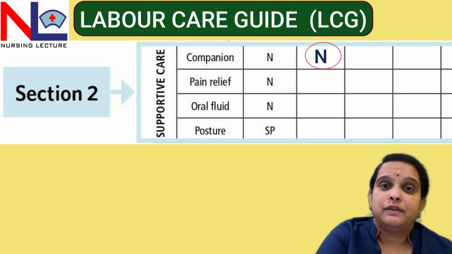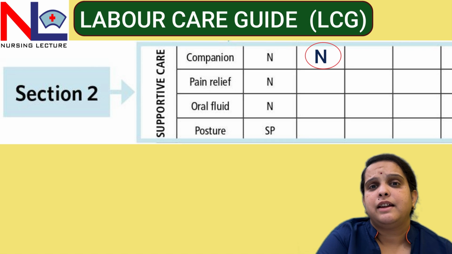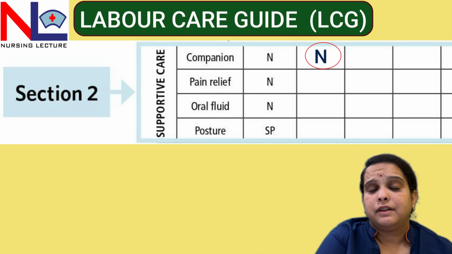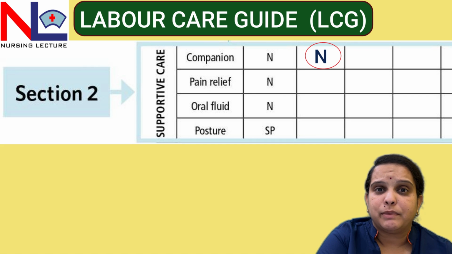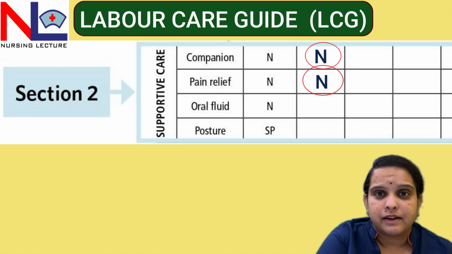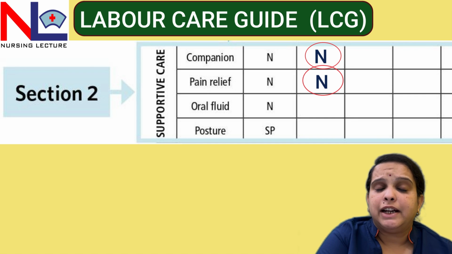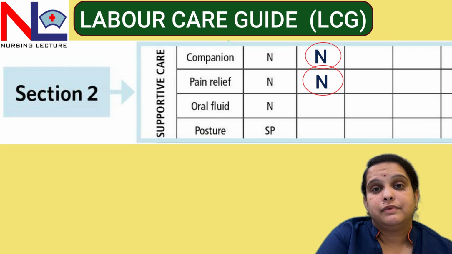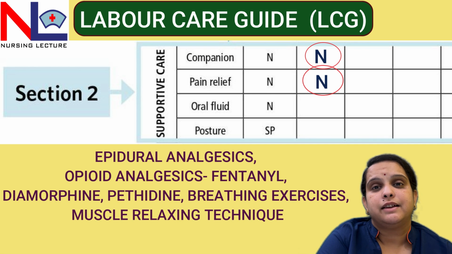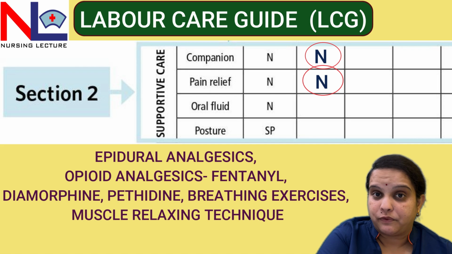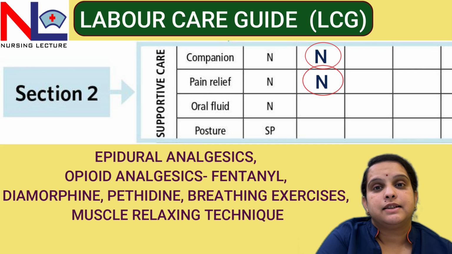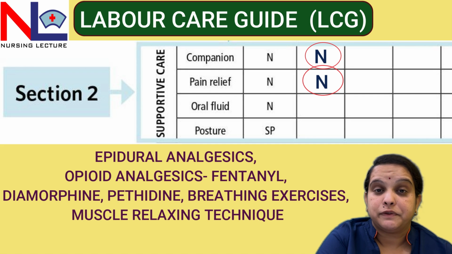And the next is pain relief, and again in this also we can have abbreviations Y, N and D, yes, no and denying. If she is not receiving at present any pain relieving method, then we can write N and make it circle, and even later on we can provide her pain relieving method like any analgesics, epidural analgesics at a lower concentration if she prefers, even any pharmacological opioid analgesics like fentanyl, diamorphine or pethidine, we can administer to the mother if she prefers.